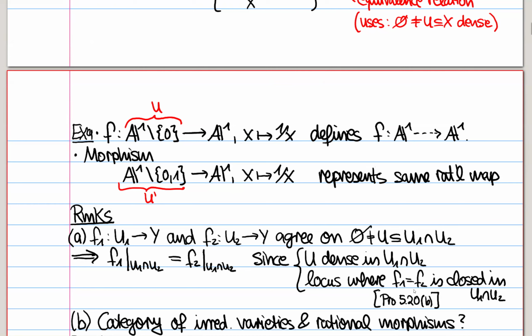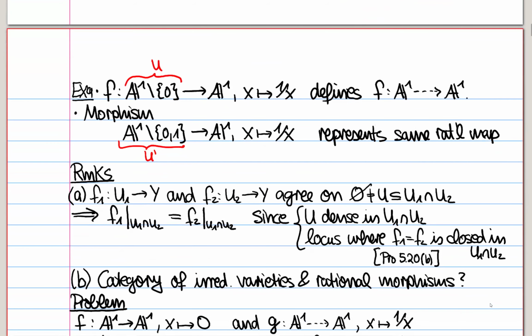On the other hand, we have seen that when the target Y is a variety, when it is separated, then the locus where the two maps agree, a priori they are defined on here, so they give morphisms from U1 intersected U2 to Y, and the locus where they agree is closed in their domain of definition. And it contains this dense open set U, and so it must actually be everything. So you can always be sure that two of these maps agree on their entire domain of definition.